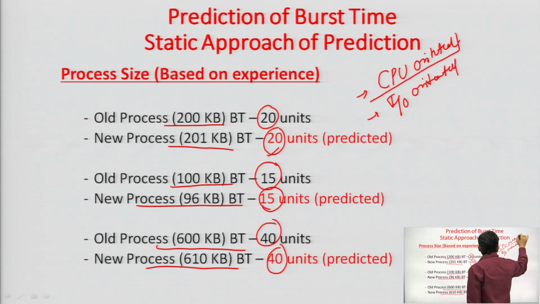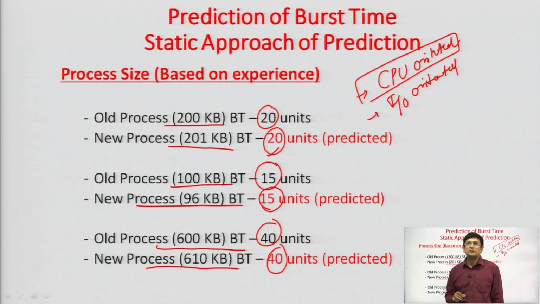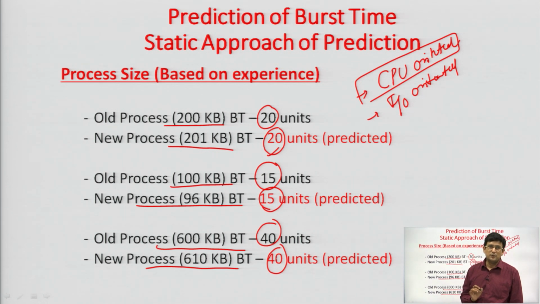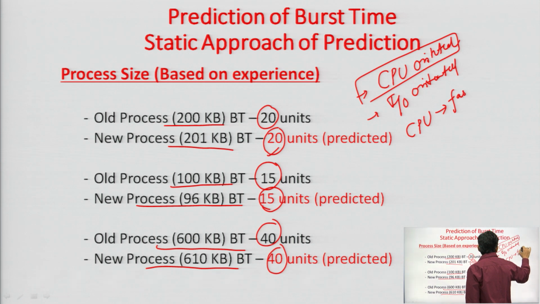The CPU oriented process will be spending more time on the CPU and less time on IO operations, and the IO bound process or IO oriented process will be spending more time on IO operations and less time on CPU execution. We know that the CPU execution is fast, very fast in fact, and the IO operations are slow.